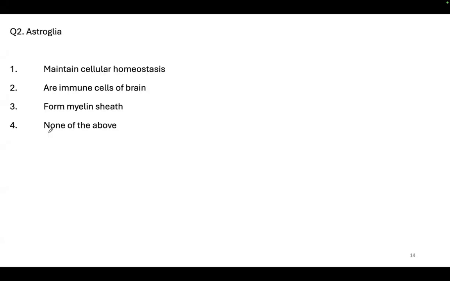Astroglia, what are their functions? Astrocytes, what are they doing? We talked about oligodendrocytes and Schwann cells, which form myelin.